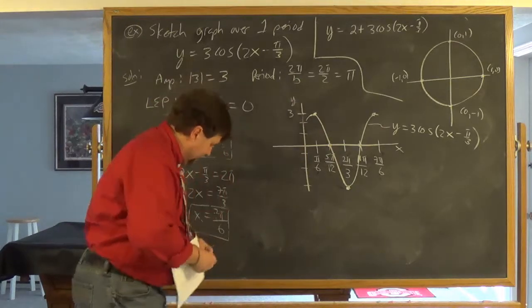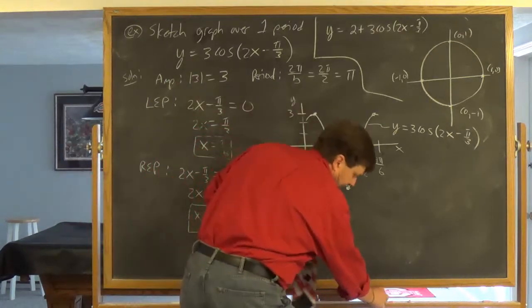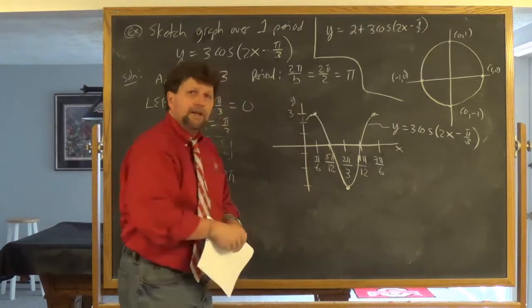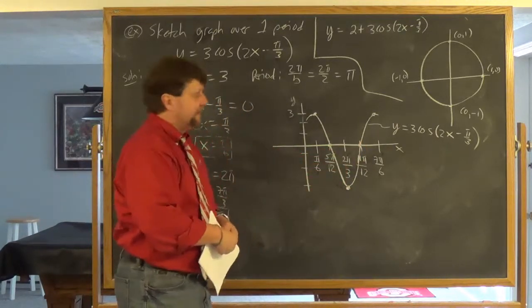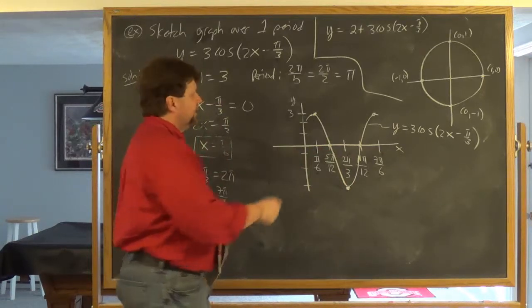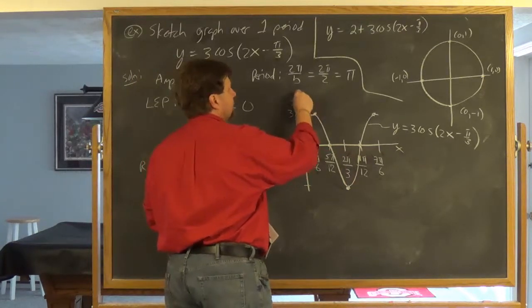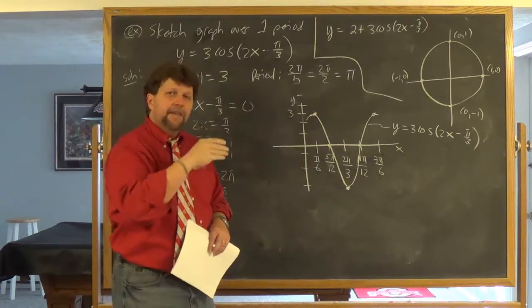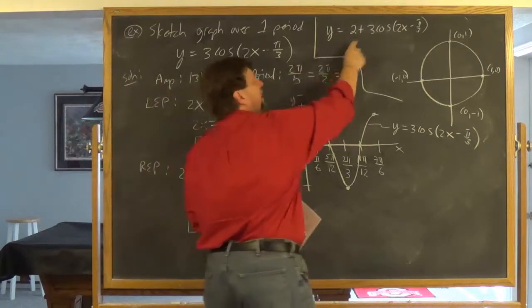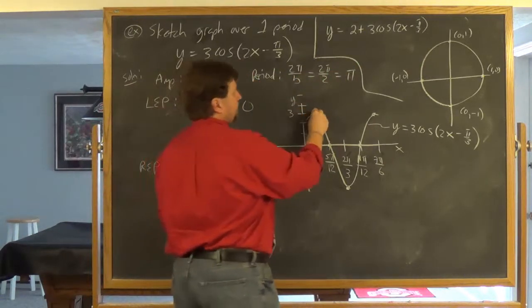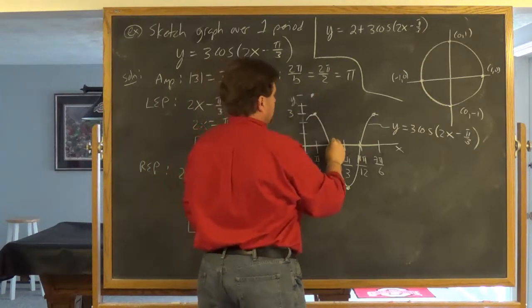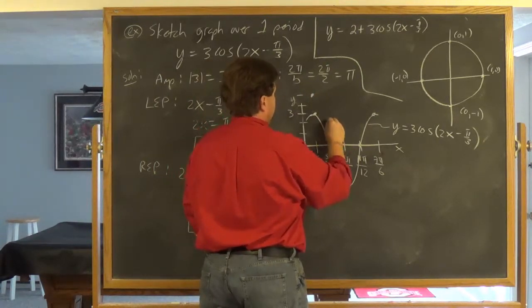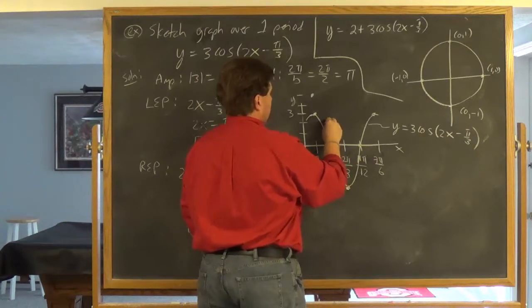And that's a very easy graph to do. Let me try to do it with some blue chalk here. Because once you have your 5 key points listed, it's nothing more than taking those 5 key points and just shifting them, moving them up 2 units. So this would come up here to a y value of 5. This would come up to a y value of 2.